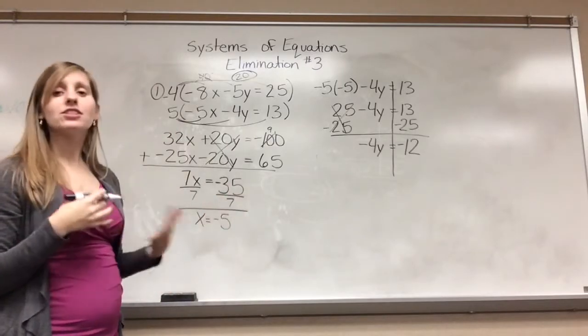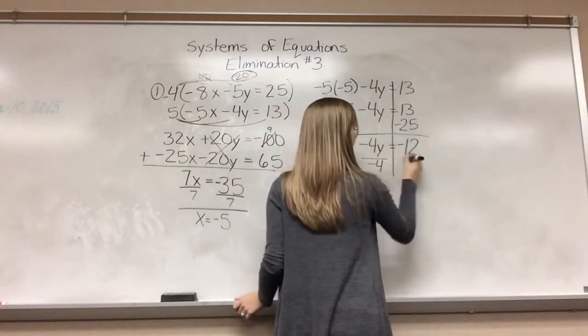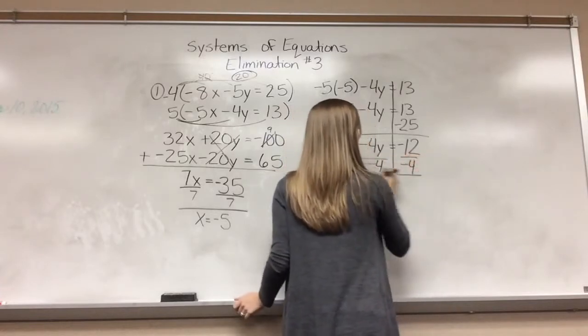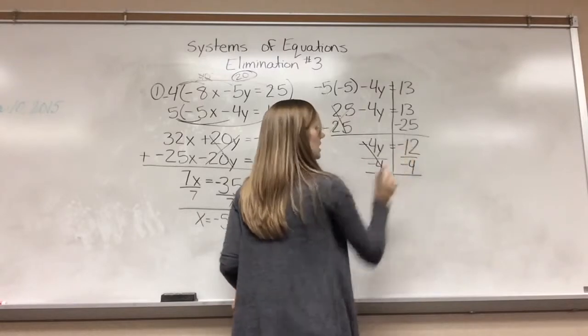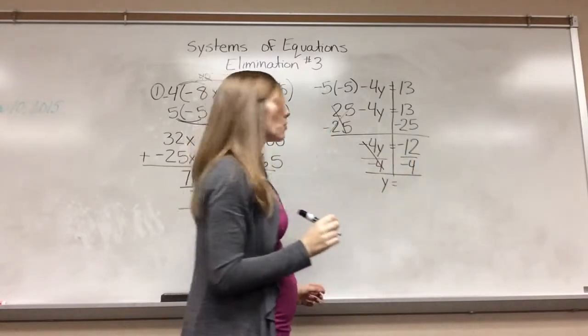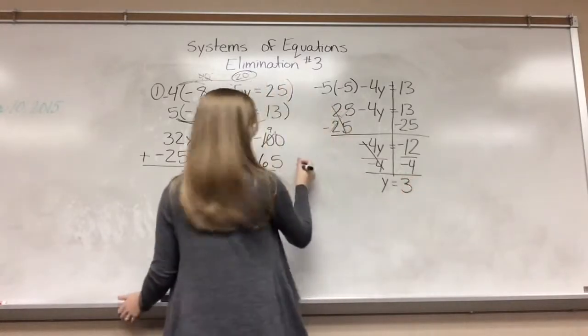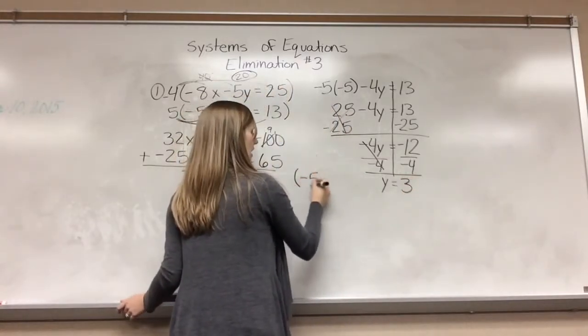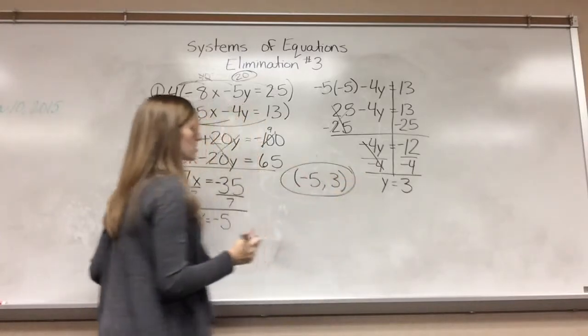And then from there, I just divide both sides by negative 4. So here and here. The negative 4's cancel. I get y equals negative 12 divided by negative 4 is positive 3. So my solution is negative 5, comma 3. Remember, always put the x term first and then the y.